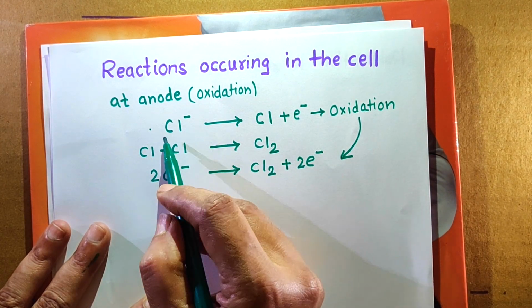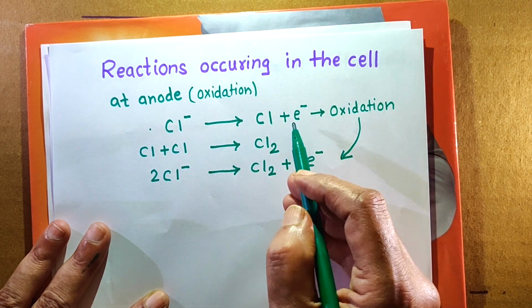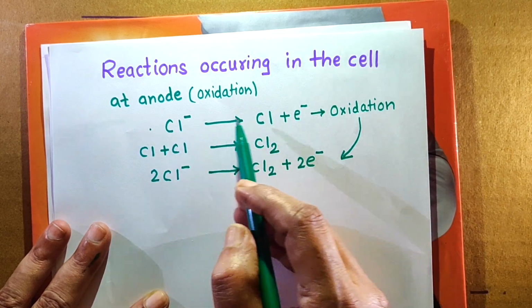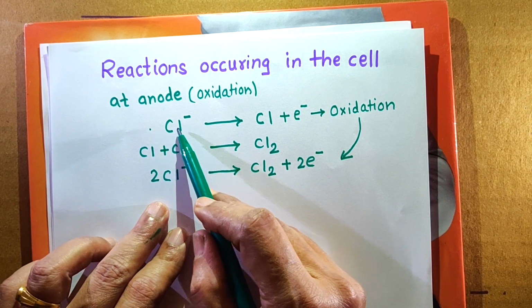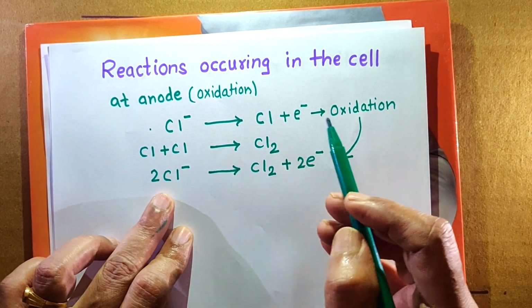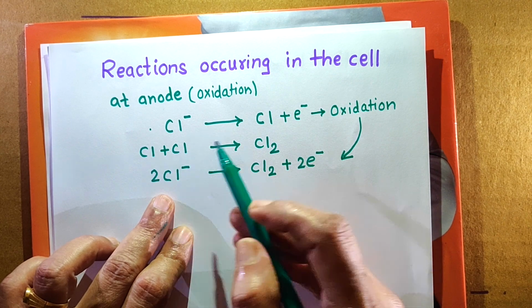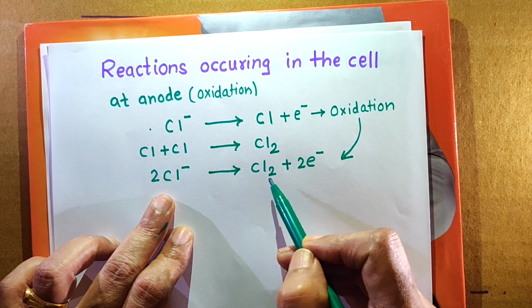How? One Cl minus ion will lose 1 electron, another Cl minus ion will lose another electron, and these 2 Cl atoms come together to give Cl2 molecule.